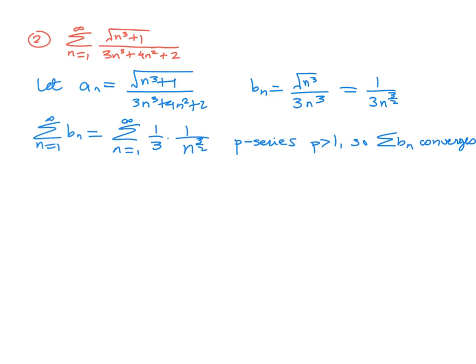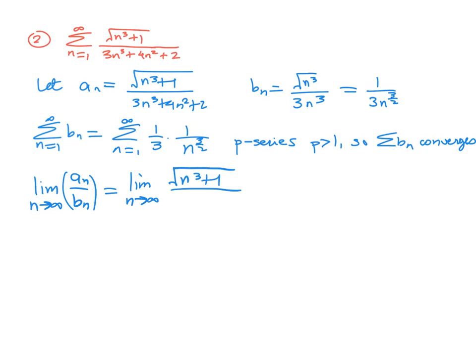So let's do the limit as n approaches infinity of an over bn, the individual terms, become the limit as n approaches infinity of square root of n cubed plus 1 over 3n cubed plus 4n squared plus 2, all over the 1 over 3n to the 3 halves.